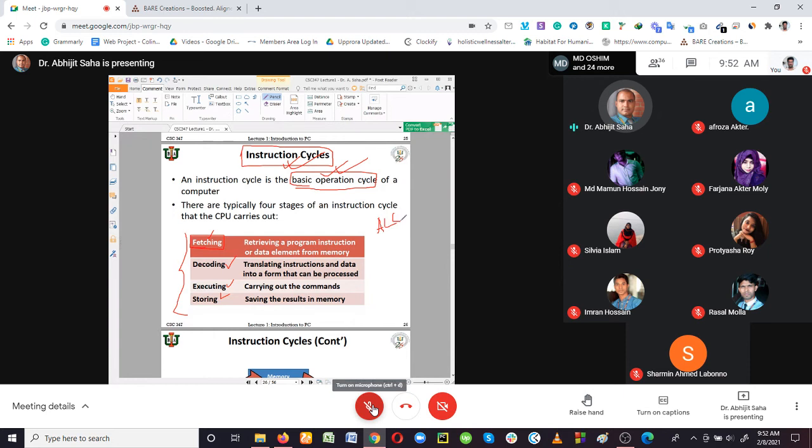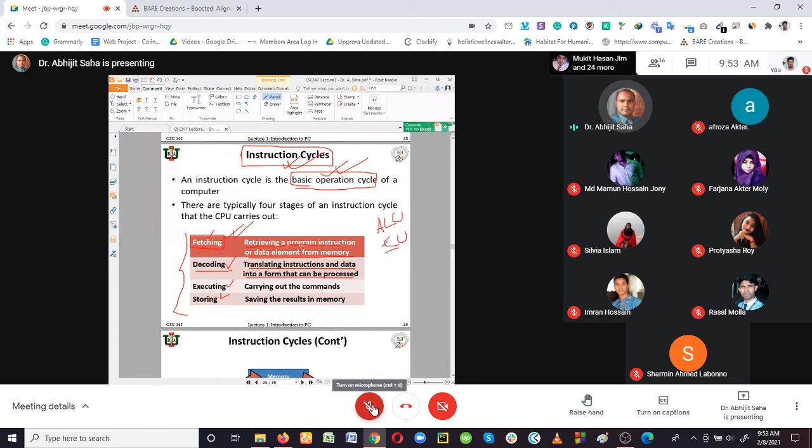One is the ALU, the arithmetic logic unit, and the other is the CU, the control unit. The control unit of the processor fetches the data from the memory. So retrieving a program instruction or data element from memory is the fetching stage, that is, how instructions are fetched from the memory to the control unit. And the decoding part is translating the instructions and data into a form that can be processed.